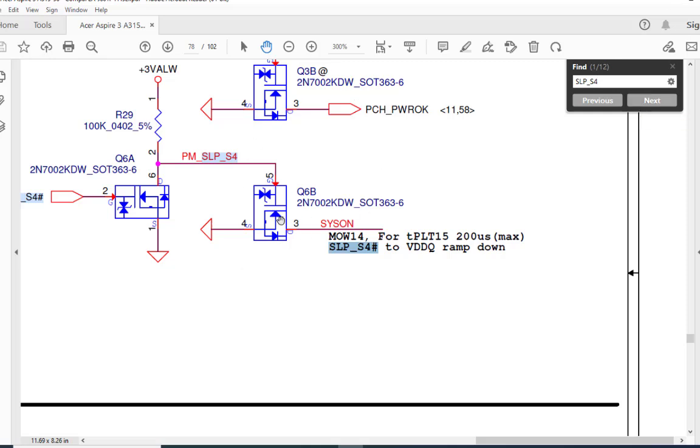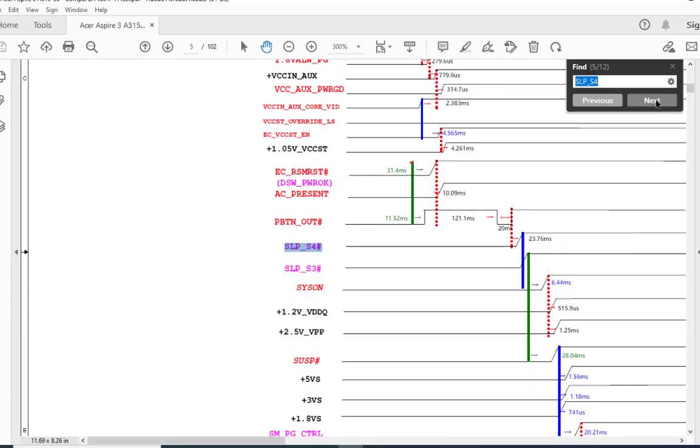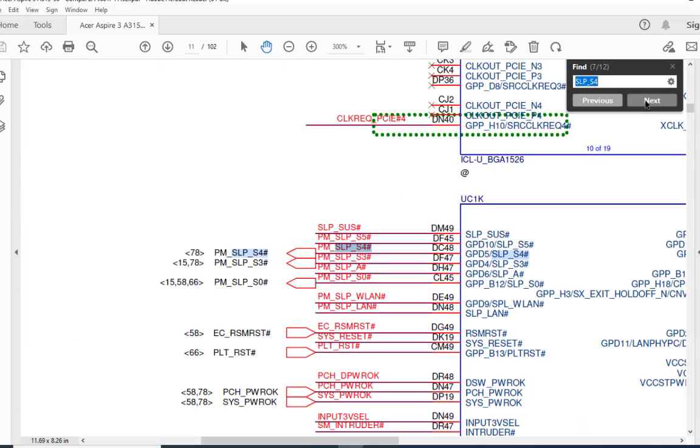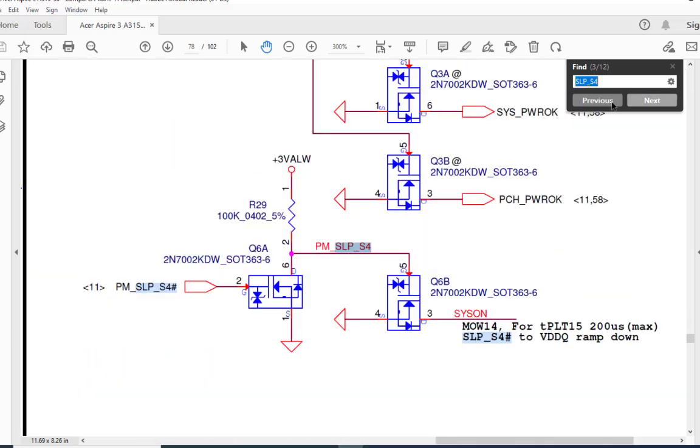You can find this Q6 and check the signal here also. You can check only here. Yes, you can check this Q6. Okay, this signal SLP, like that.